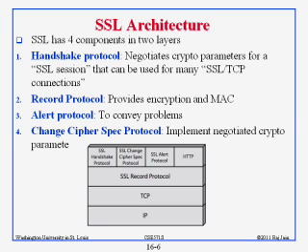Then it has 4 sub protocols: handshake, change cipher spec, alert, and the record protocol, and everything from these 4 goes through that protocol, and therefore it is encrypted, except obviously some of the handshake messages will go through clear.